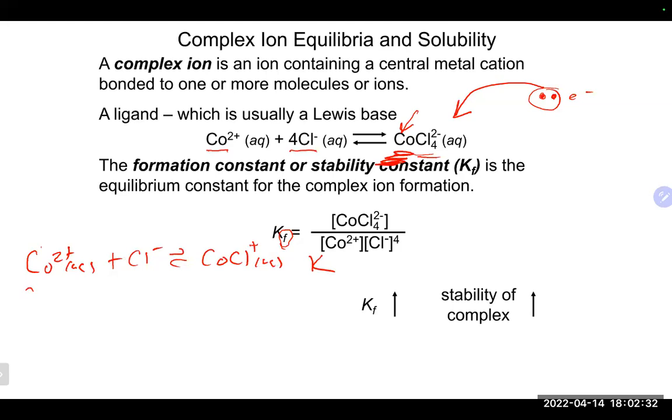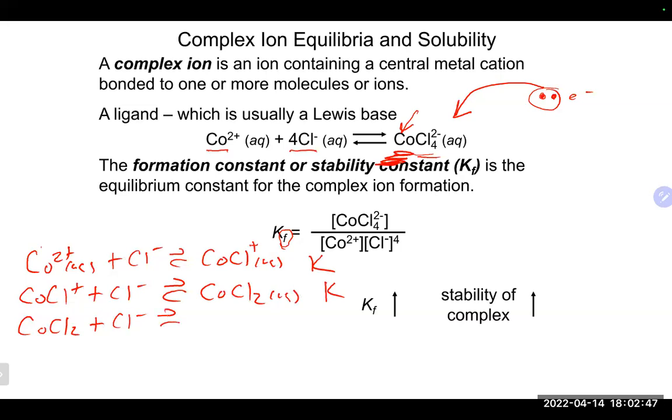The next thing that would happen is the CoCl+ will pick up another chloride and make CoCl2. This also would have an equilibrium constant. This CoCl2 would then pick up a chloride and make CoCl3−, and also an equilibrium constant for that step.